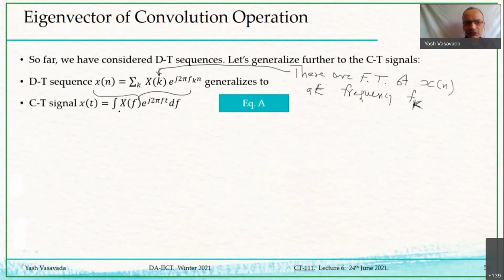This is the Fourier transform evaluated at frequency f. This complex exponential, which is a function of discrete values f of k and n, becomes a function of continuous values f and t. Summation turns into integral, and therefore I have this df notation.